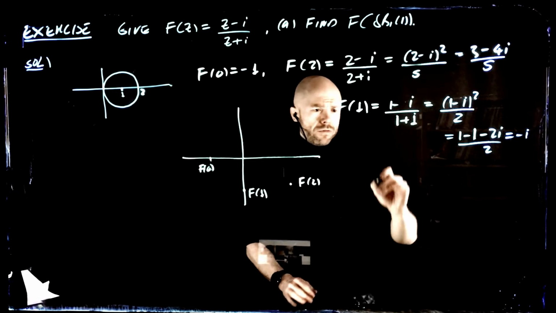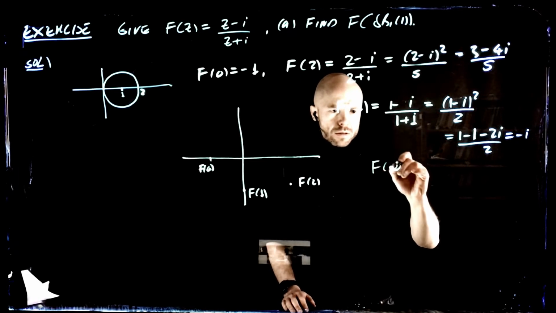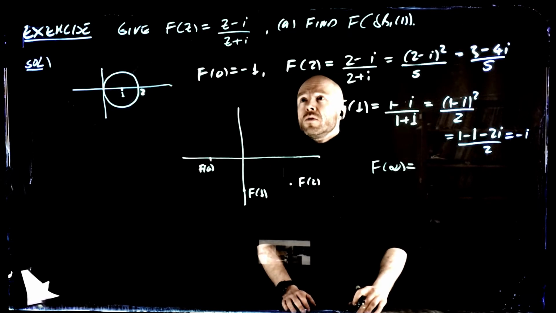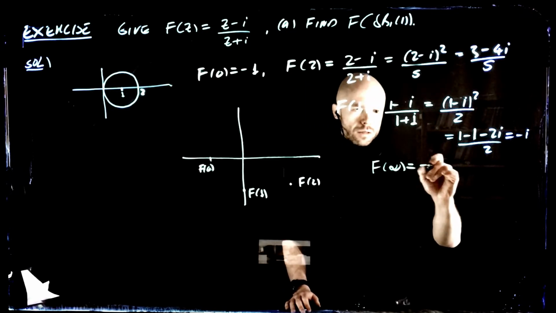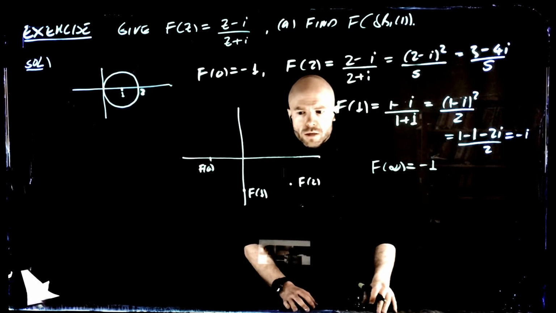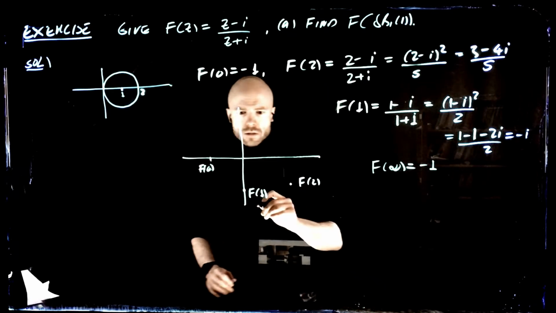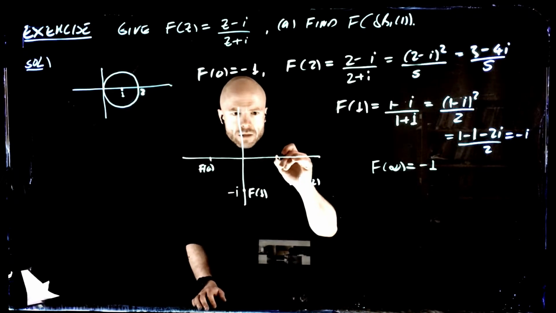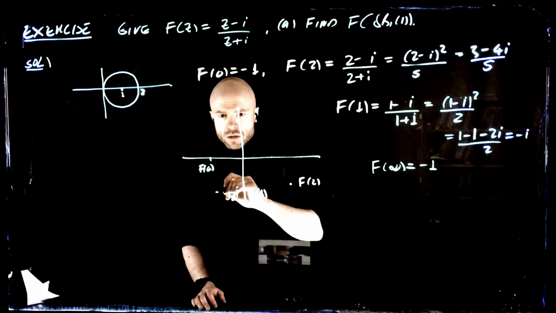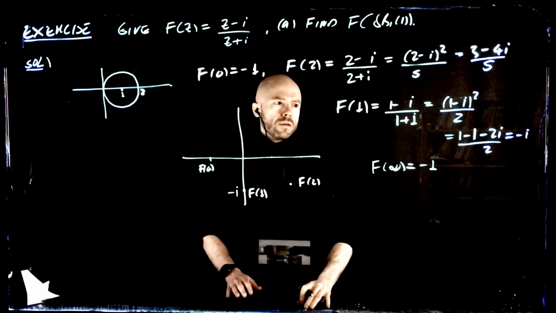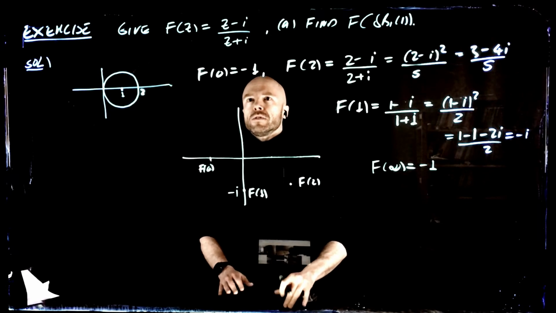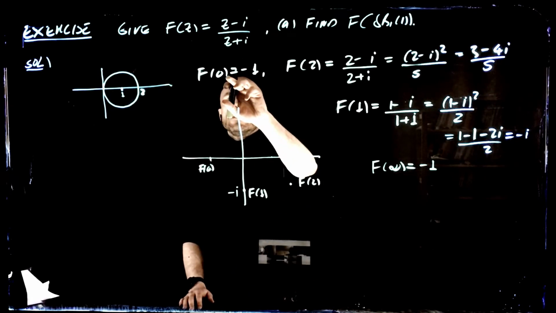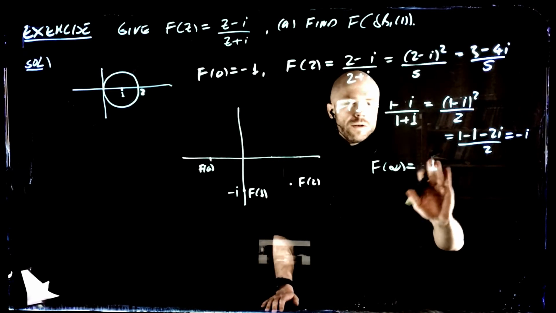And f of infinity is what? That is just minus 1, like this. So this is minus I, and then this is minus 1. Oops, wait, we have a mistake. So f of 0, this is not minus 1, it's 1.